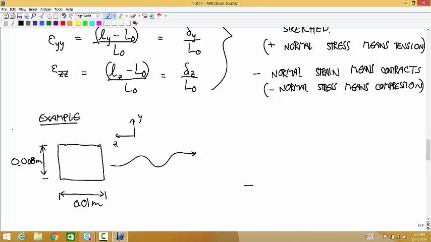And after the deformation, you end up with a horizontal length of 0.005 meters and a height of 0.011 meters.